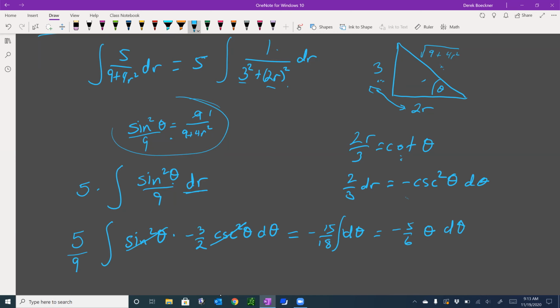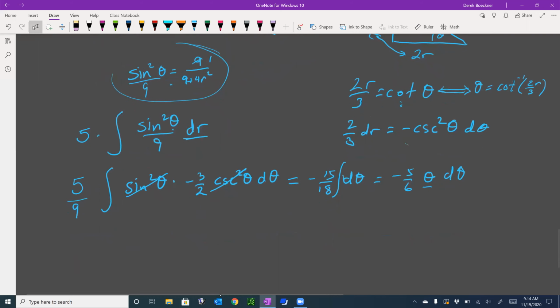Good with that? How do I get theta by itself? Well, I use this expression, and theta is equal to the arc cotangent of 2r over 3. We good with that?